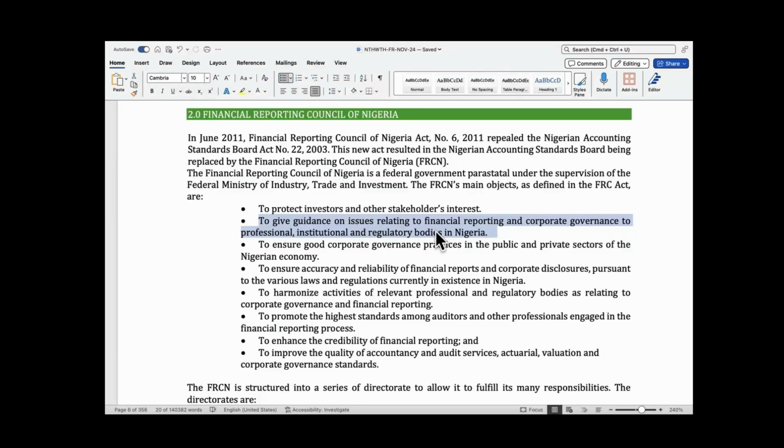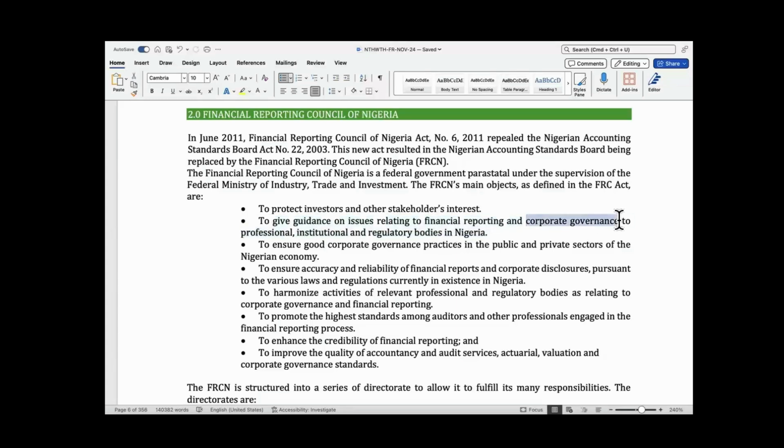They know that if you want to make people use IFRS, if you want people to prepare accounts very well, then you have to teach them how to do it. They provide guidance on issues relating to financial reporting, and of course, corporate governance.